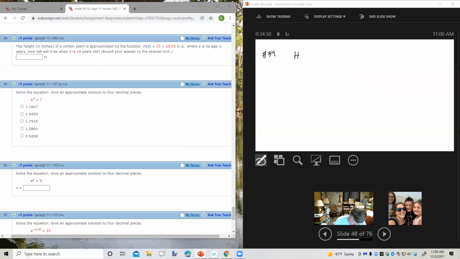So h of 19 would be 15 plus 20.05 times the natural log of 19. And I get 74.03600153. Nearest inch, 74 inches.